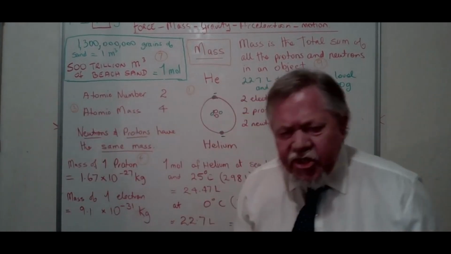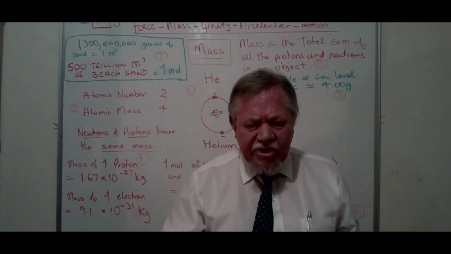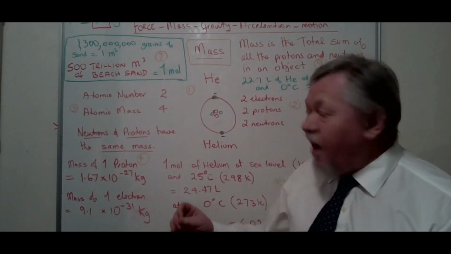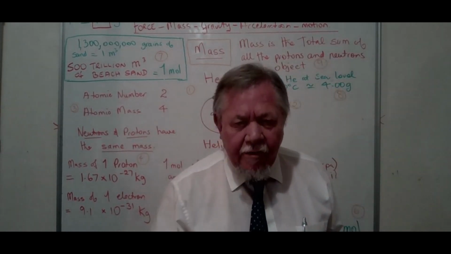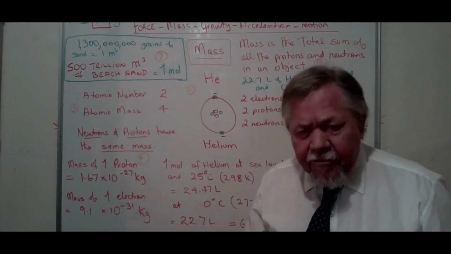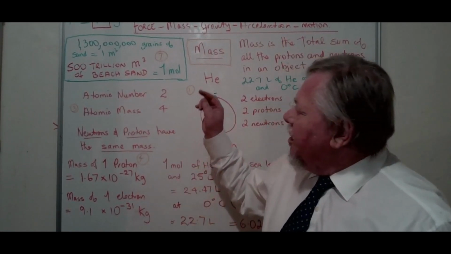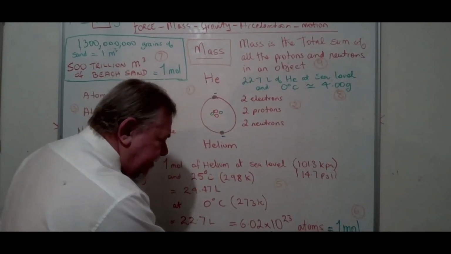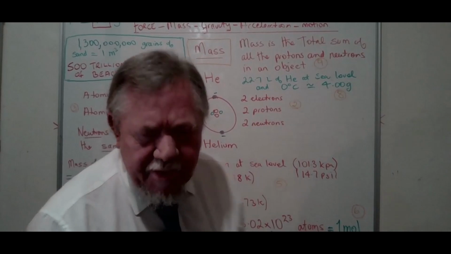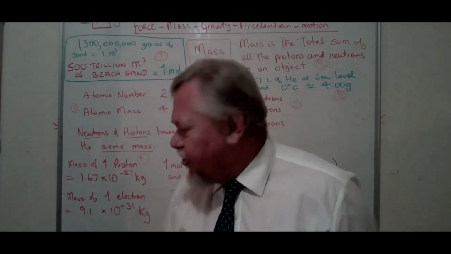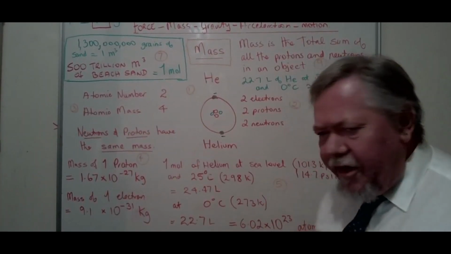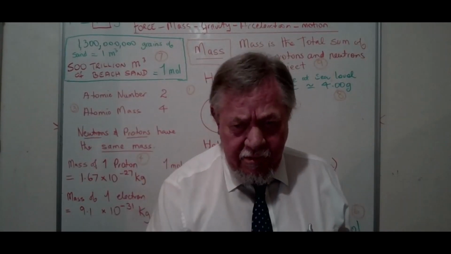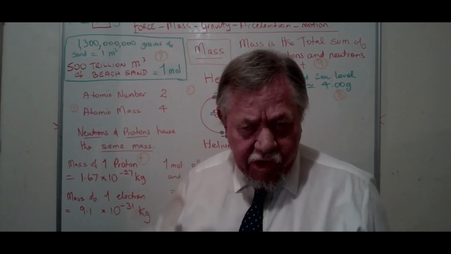Well, if you counted all of the beach sand grain by grain in that cubic meter, you would end up with 1,300 million of those grains of sand. Well, if you needed to count 6.02 by 10 to the 23 grains of sand, you would need 500 trillion cubic meters.